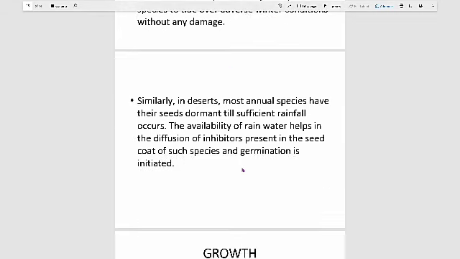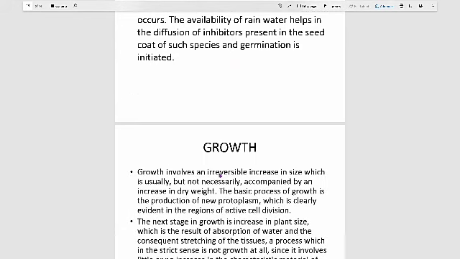Similarly, in deserts, most annual species have their seeds dormant till sufficient rainfall occurs. The availability of rainwater helps in the diffusion of inhibitors present in the seed coat of such species and germination is initiated.